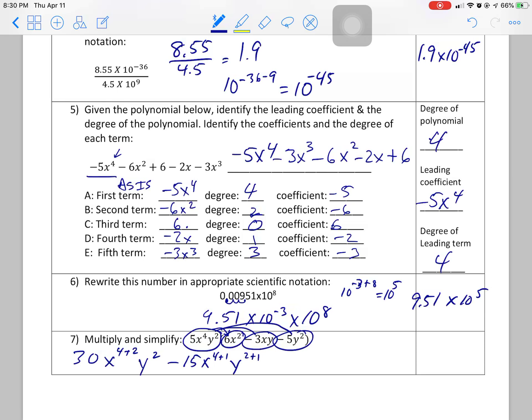And this one here, negative 25x to the 4th, y to the 2 plus 2. All right, so this is going to be 30x to the 6th, y2, minus 15x5, y3, minus 25x4, y4. Let me check my key. That looks good.